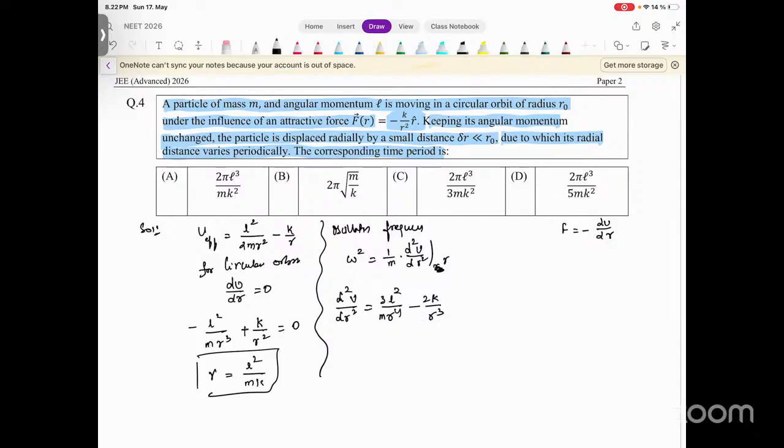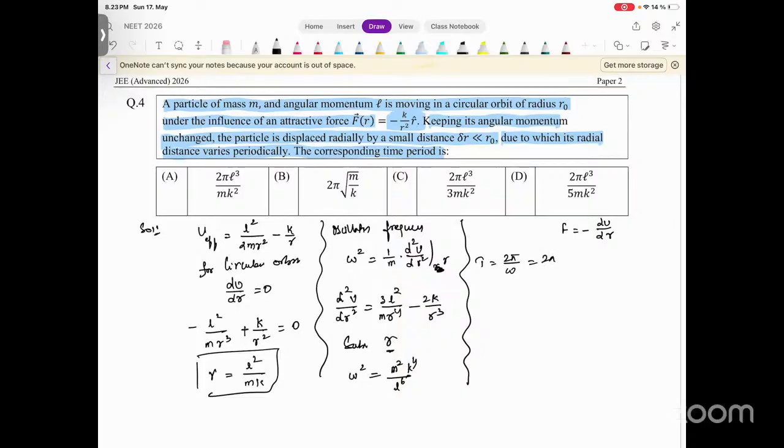Now substitute the value of your r, beta. So you'll be getting omega square is equal to m square K power 4 divided by L power 6. If I simplify this one, the time period T is equal to 2 pi divided by omega.